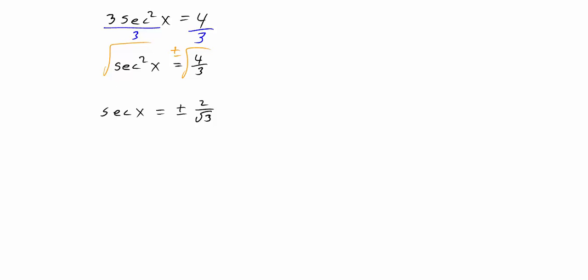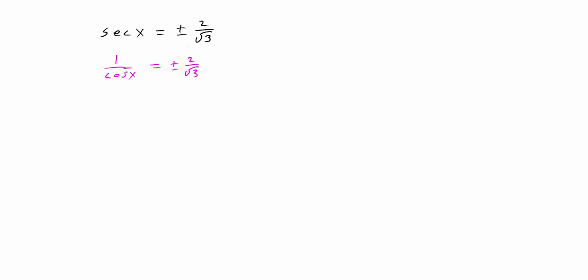So here we know that the secant function is the reciprocal of cosine. So really I could rewrite this secant as 1 over the cosine of x equals plus or minus 2 over the square root of 3. And then of course if we were to work this out, we can think about 1 over cosine.